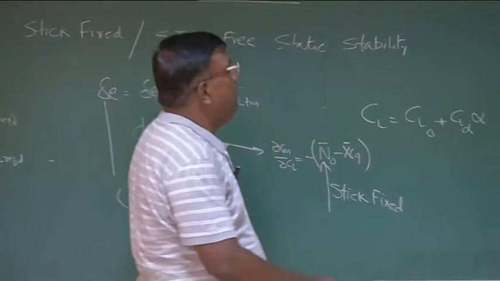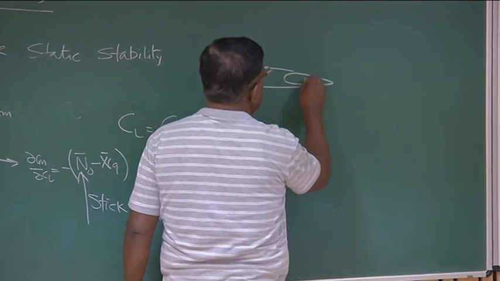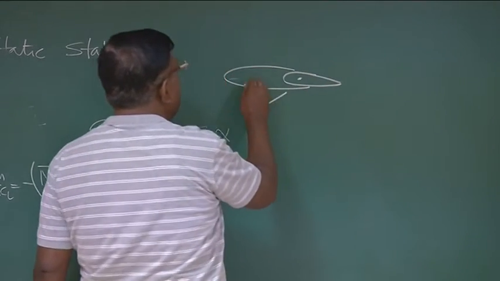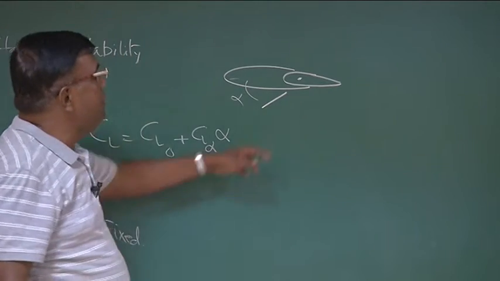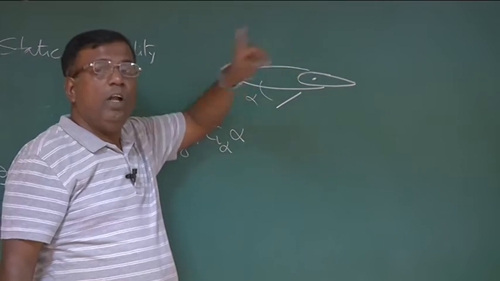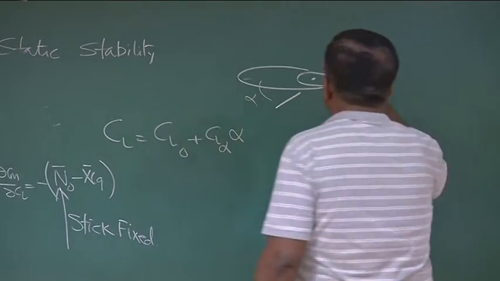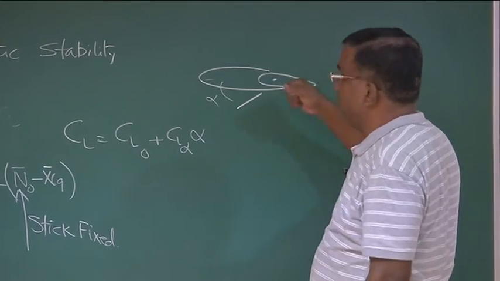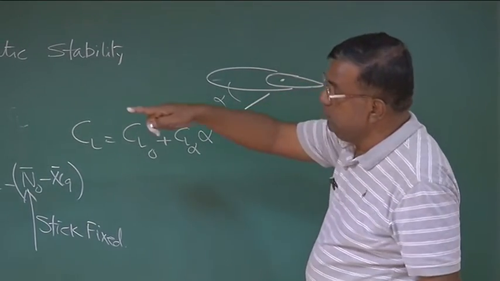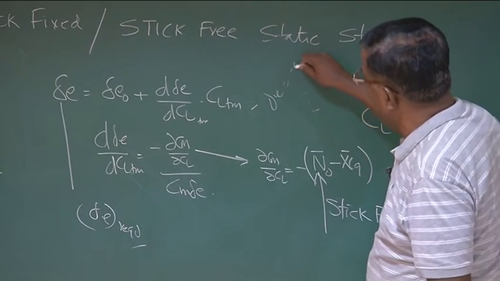Because we are assuming that although this elevator, at any angle of attack, because it is hinged here, can start floating, we are not allowing that. We are not allowing it to float, so it is fixed. So this expression tells you the delta E required is, let's say, minus 5 degrees.